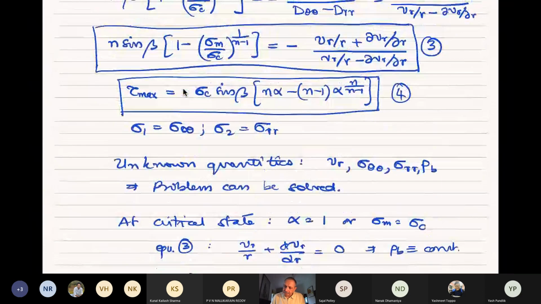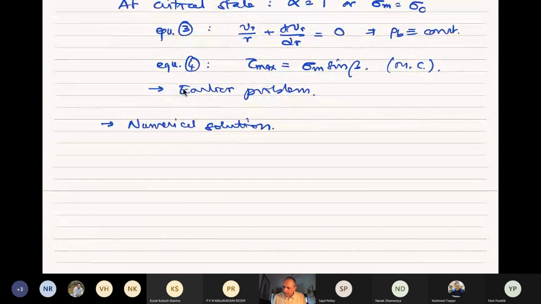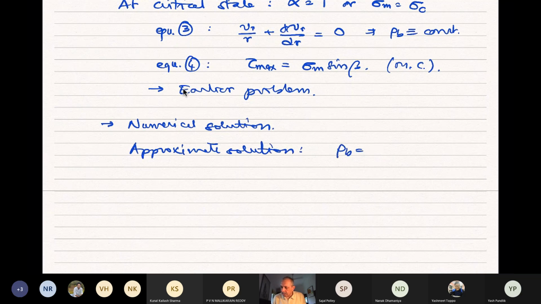It's also possible to do something else. Let's say density is nearly constant, so you just say it's 1 plus some function like this. Let's say it's increasing with radius.